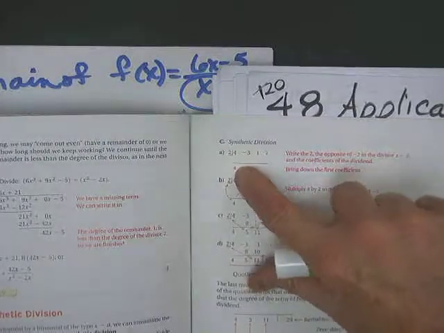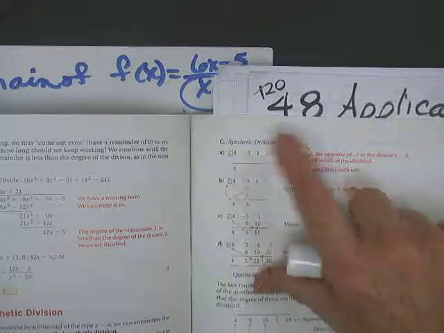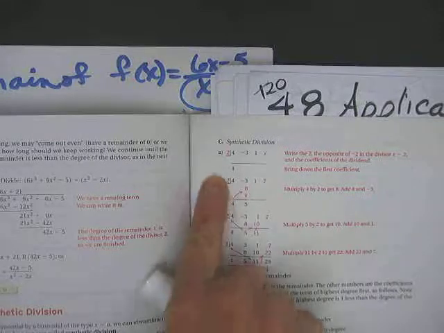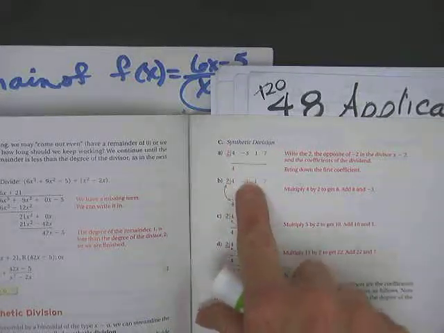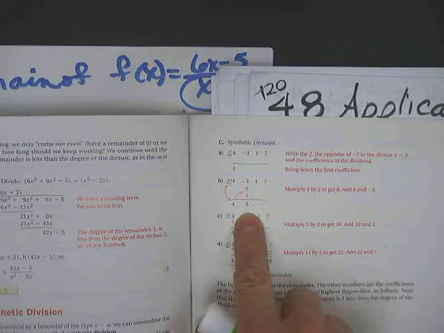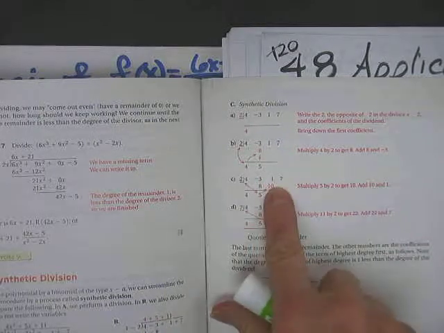Division of polynomials is 5.3. Okay. Good, synthetic. Okay. Synthetic division.